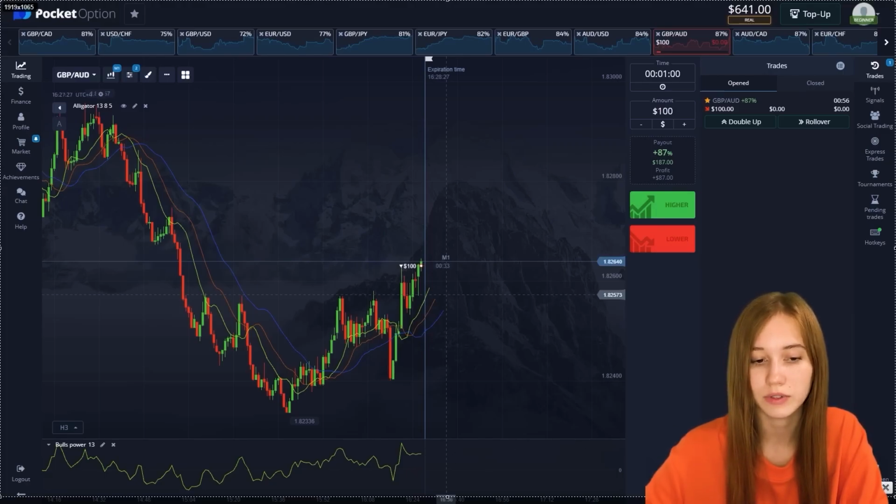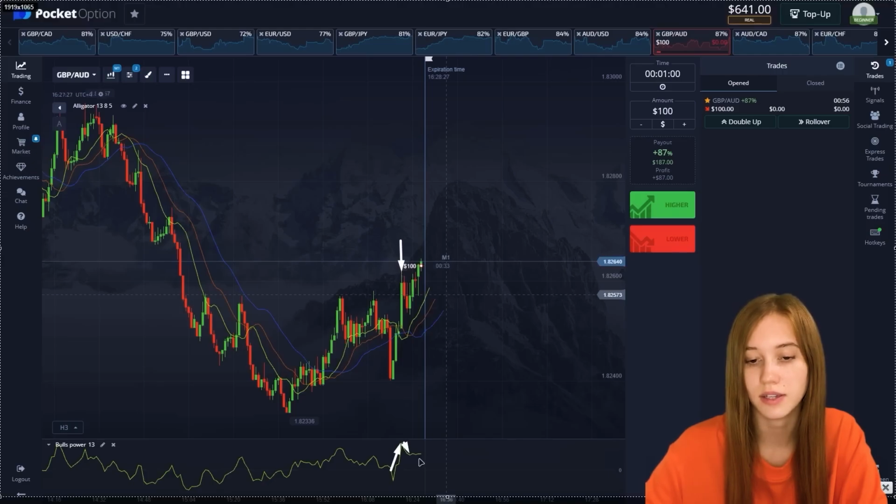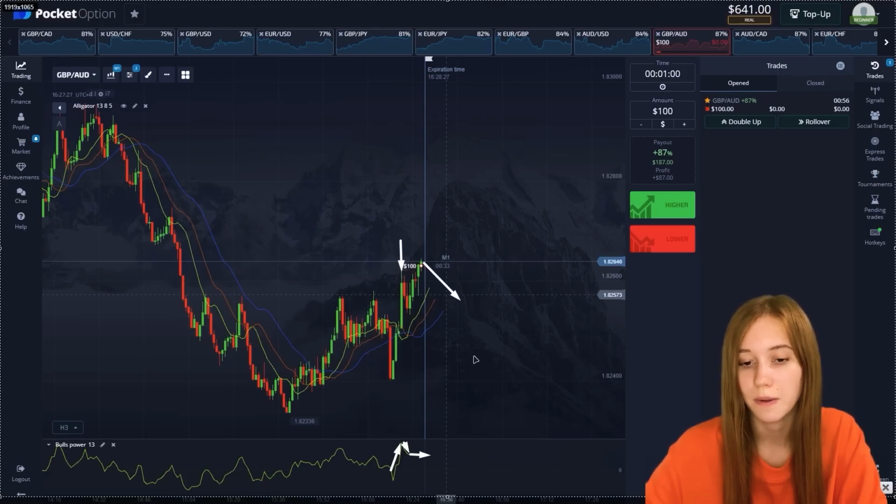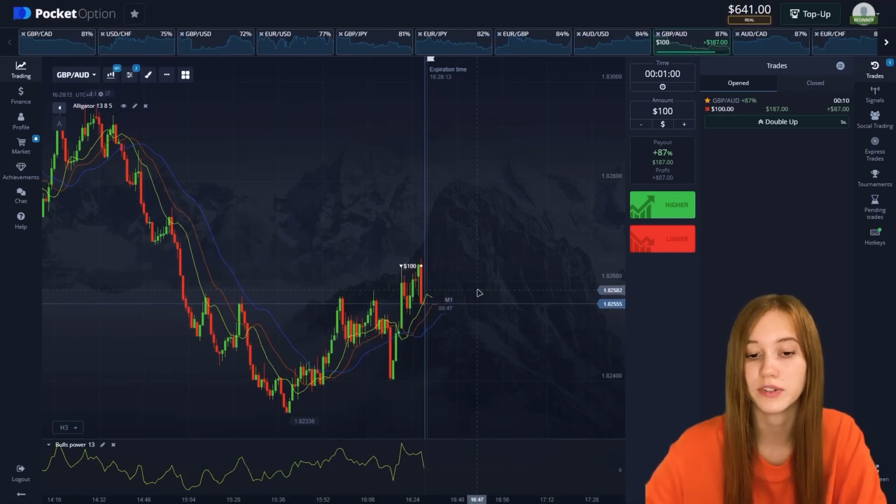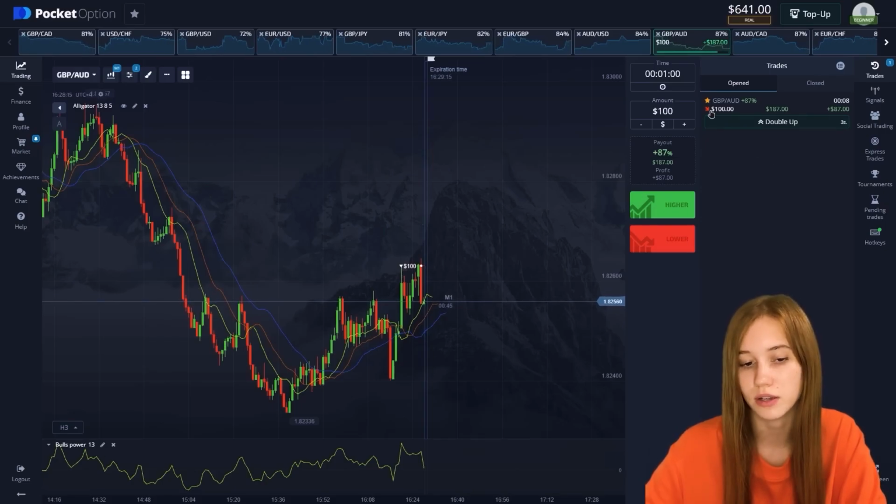Also, from our second indicator, there was a clear increase, then a fall, and then the picture is now starting to level out. There is a period of uncertainty.